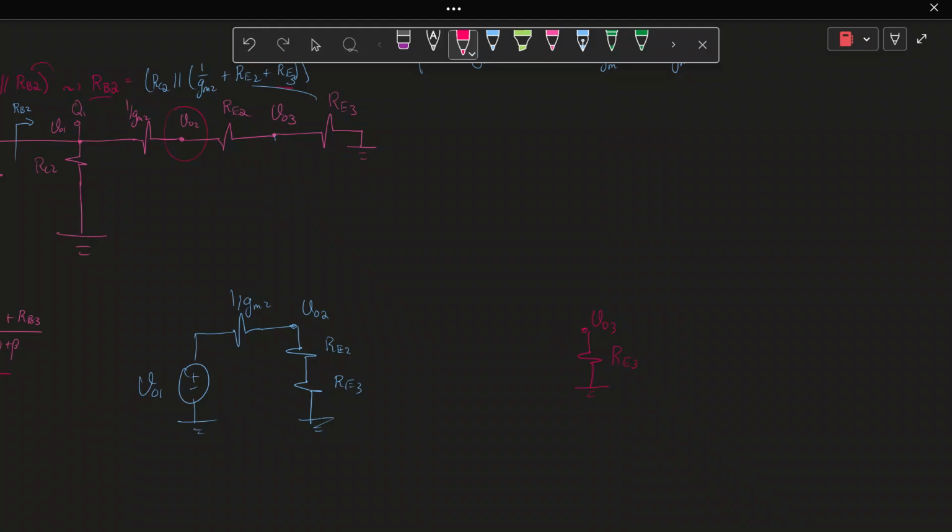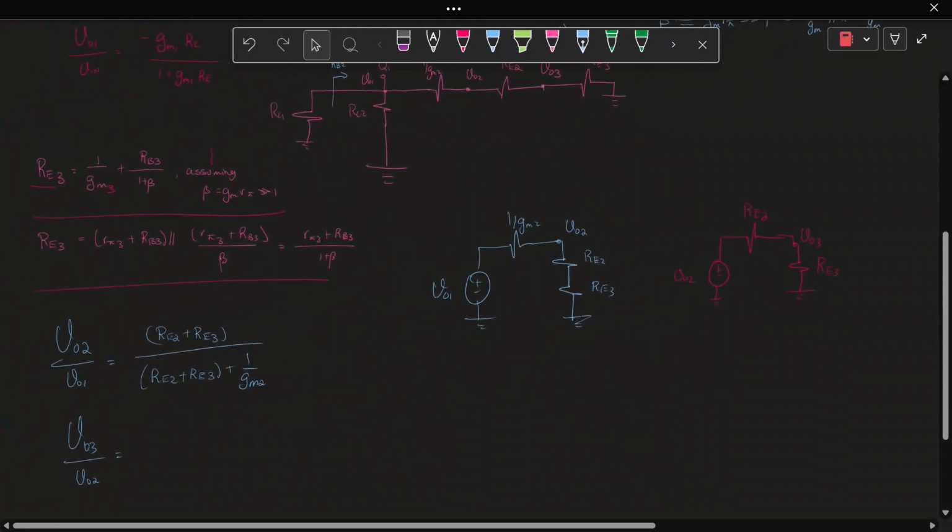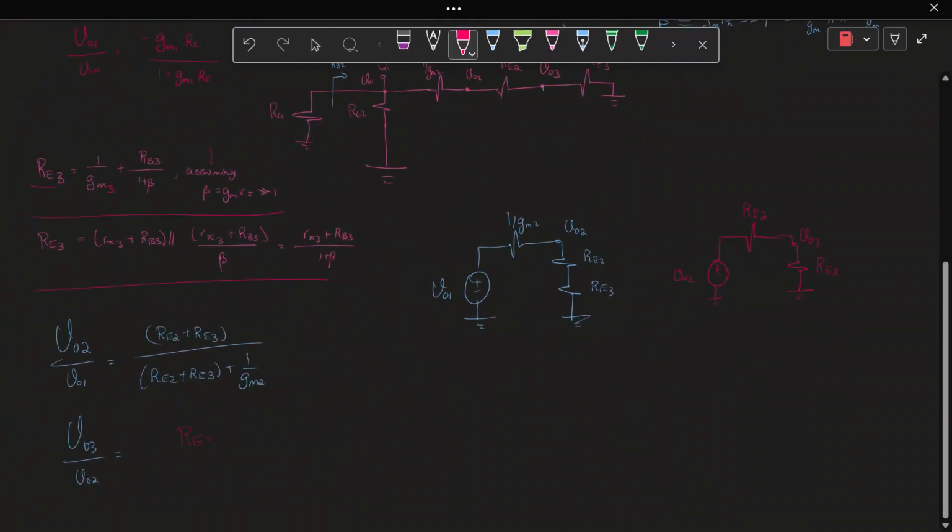It's going to be VO2, which will be over here, and then in series with RE2. So what is that? Well, that's the voltage divider again. RE3 divided by RE3 plus RE2.